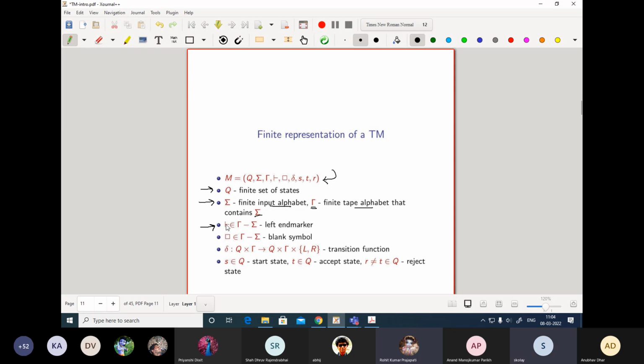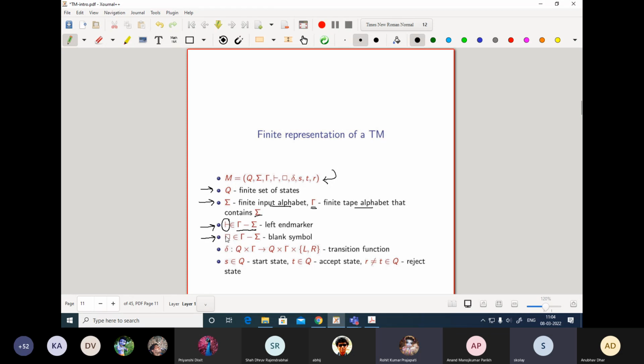We saw this extra symbol, the left-hand marker, which shows where the left-hand point of the tape is, and this is a tape symbol different from the input symbols. So this belongs to gamma minus sigma.